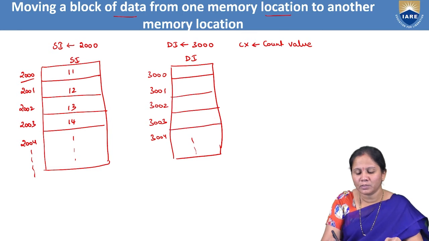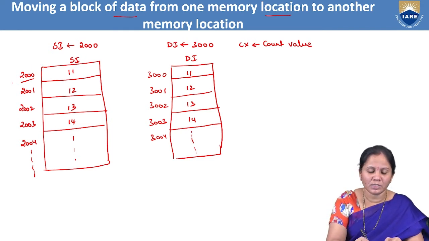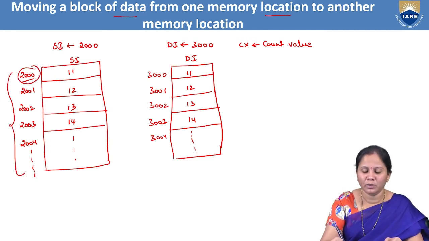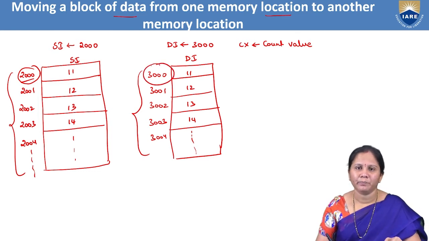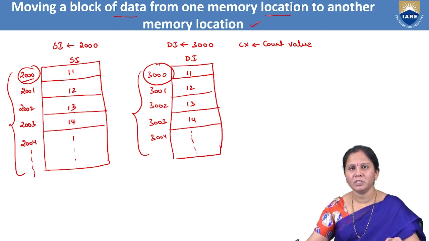So here 11, 12, 13, 14, like this. So we have to move a block of data from one memory location to another memory location. So we have to write the program now to perform this operation.